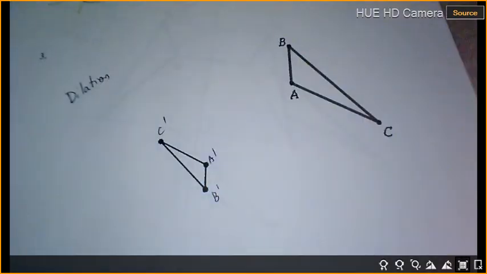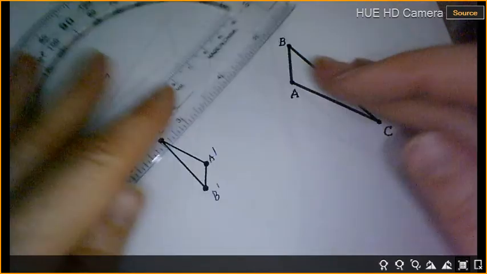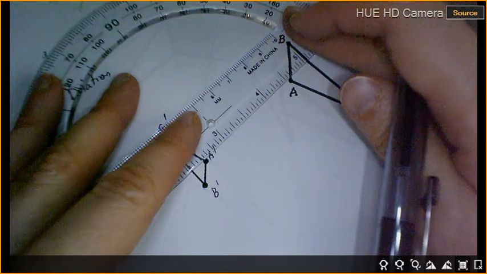A lot of you think it's more than one thing because it looks like it was reflected or something. So what we're going to do is draw from A to A prime, B to B prime, and C to C prime.